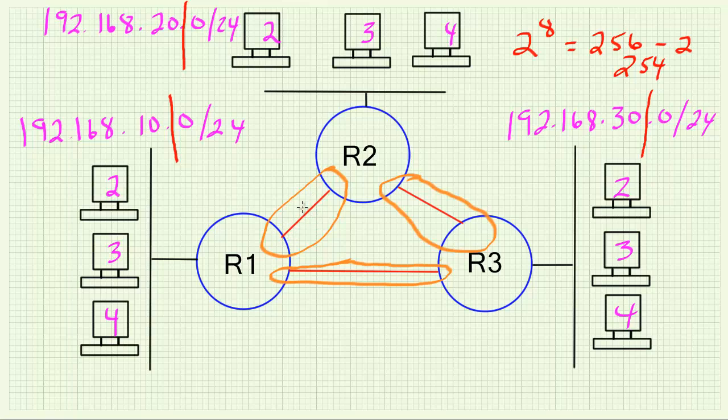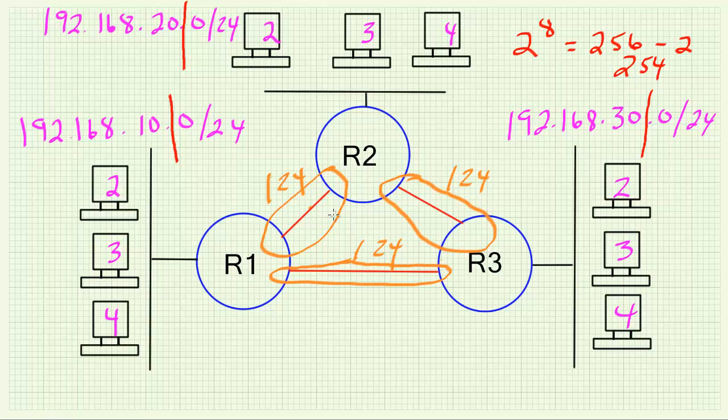So if we were to assign a /24 here, and another /24 over here, and a third /24 down here, that would be a tremendous waste of our IP address space, because we would be taking a chunk of our IP address space that could accommodate, again, 254 hosts, and we would be applying it to a network that would never need more than 2 hosts.